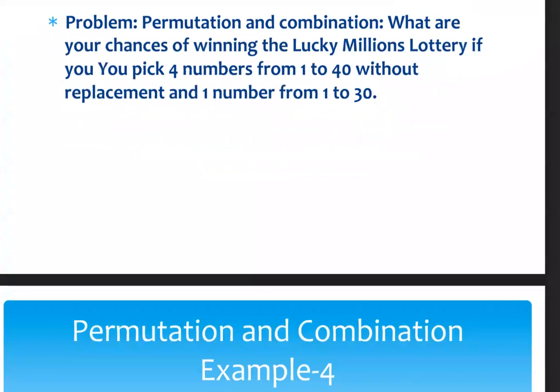Exactly the same problem. I gave it to you for practice. This is something I made up, Lucky Millions. This time you select four numbers out of 40 different numbers and one number out of 30. So your event A is going to be 40 C 4 times event B is going to be 30 C 1.